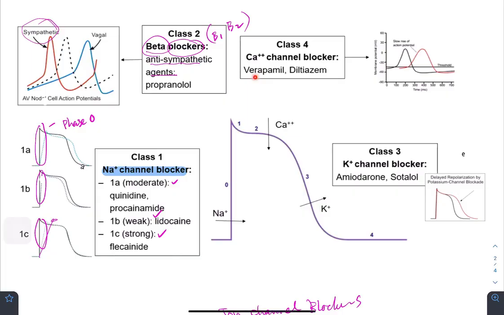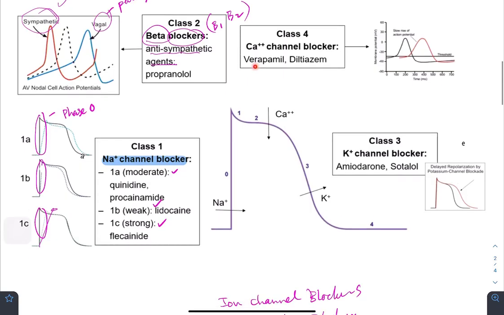Our heart is regulated by two branches of the autonomic nervous system, the sympathetics and the vagal form. Vagal simply refers to parasympathetic. And class 3 would be your potassium channel blockers. And it would affect mostly your phase 3 region.